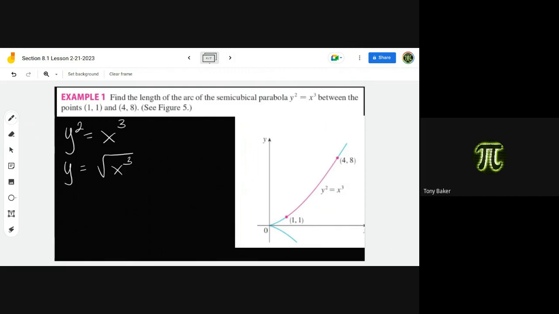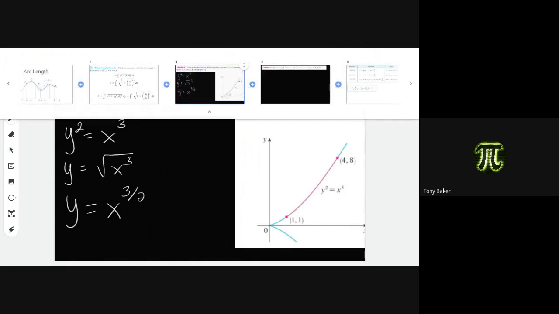All right, so we've got that. Let's make this a little simpler. We're going to make this y equals x to the 3 over 2, so that we don't have the square root inside of the square root and stuff like that. All right, so now we've got to use our equation.